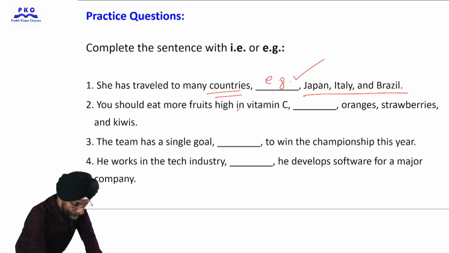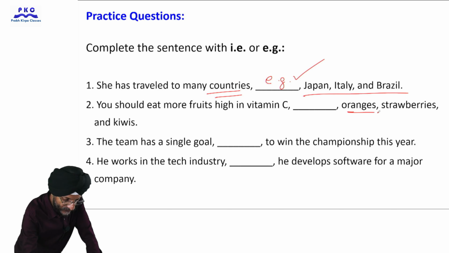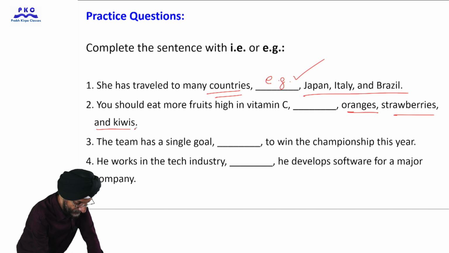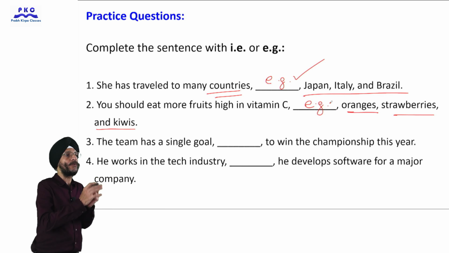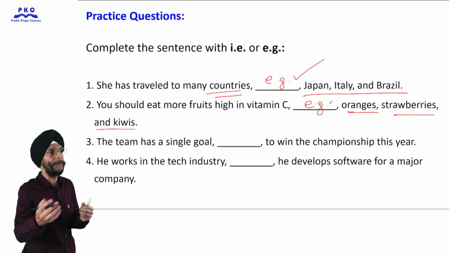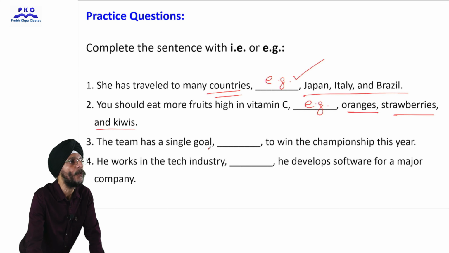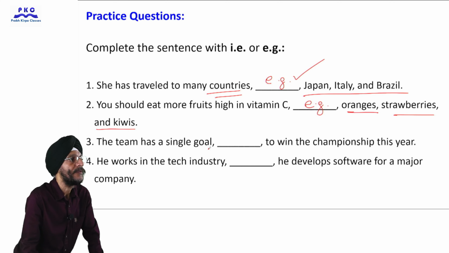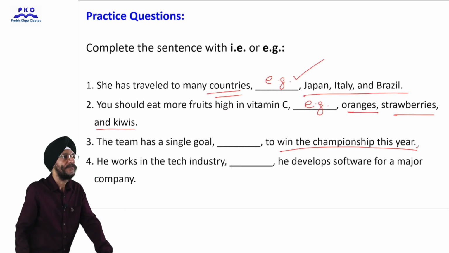You should eat more fruits high in vitamin C. Here the names of fruits are there. So here e.g. is appropriate because we will not hereby clarify fruits. We are to give the examples of fruits. The team has a single goal to win the championship this year.